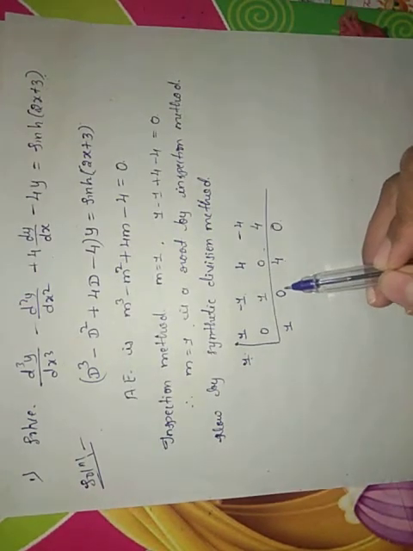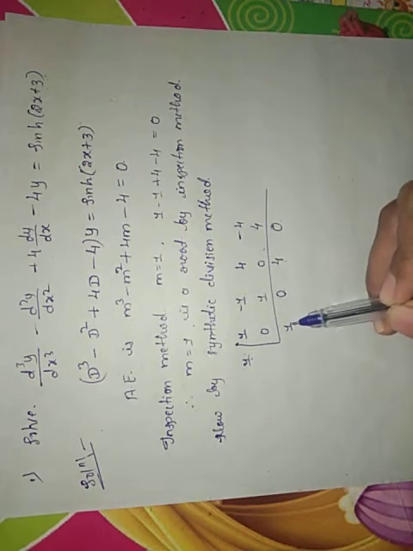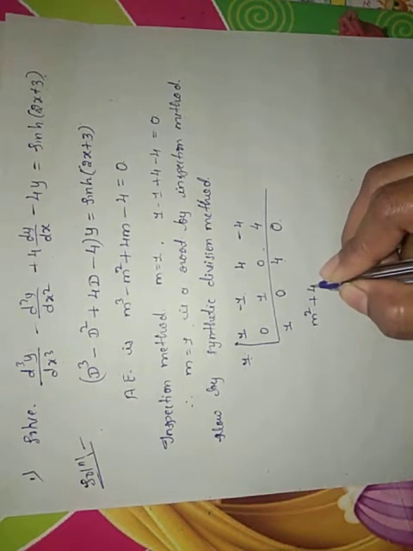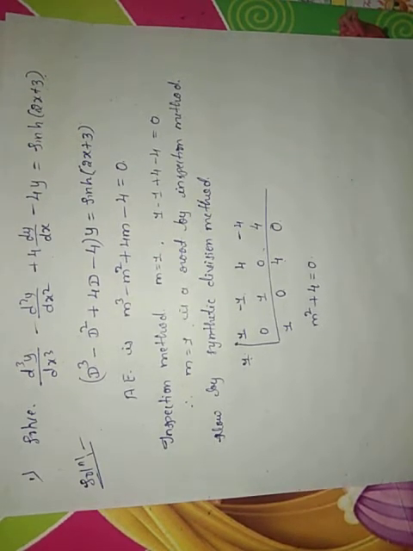Constant, coefficient of m, coefficient of m square. So m square plus 4 is equal to 0.